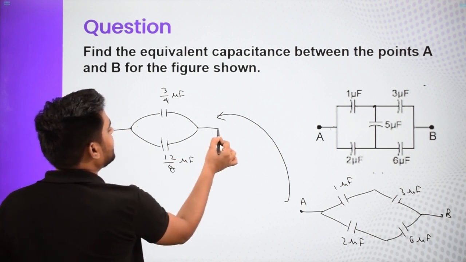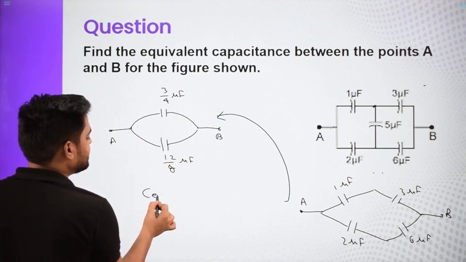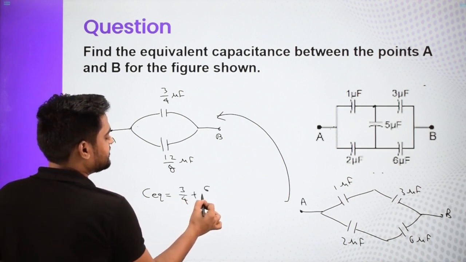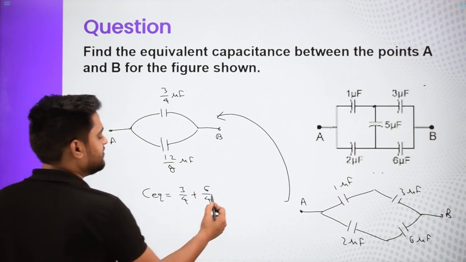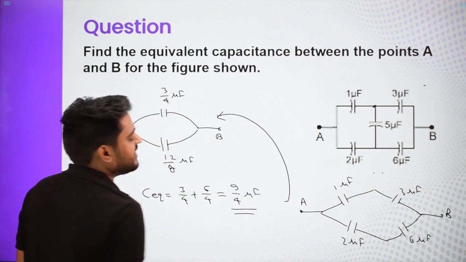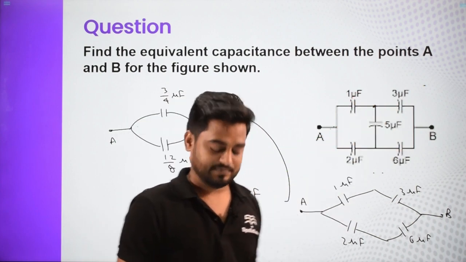And these two now are in parallel. So the equivalent capacitance between A and B is nothing but this plus that. So 3 by 4 plus 6 by 4, or 12 by 8, is the same thing, nothing but 9 by 4 microfarad. And this is the equivalent capacitance of this entire circuit.